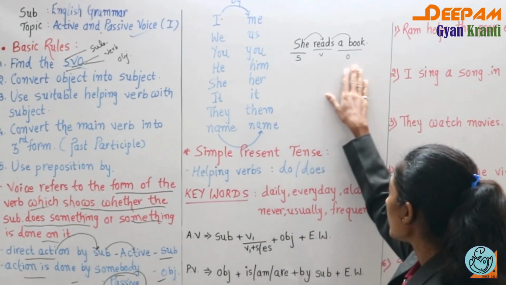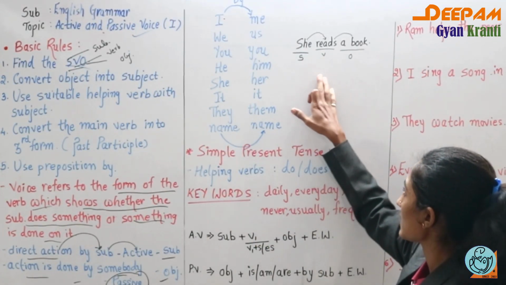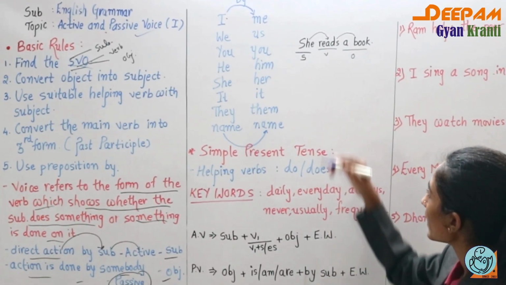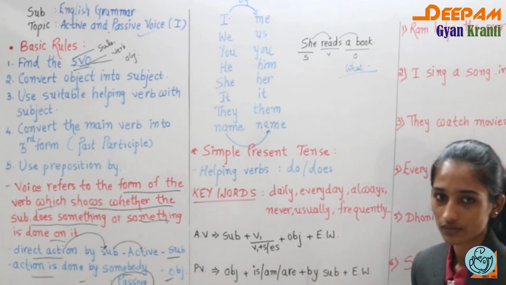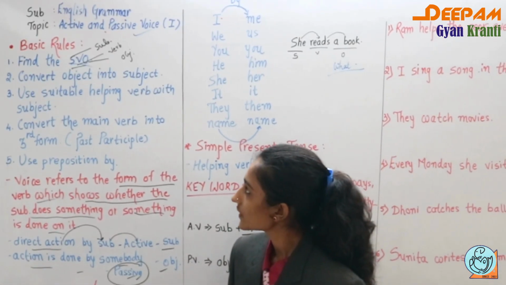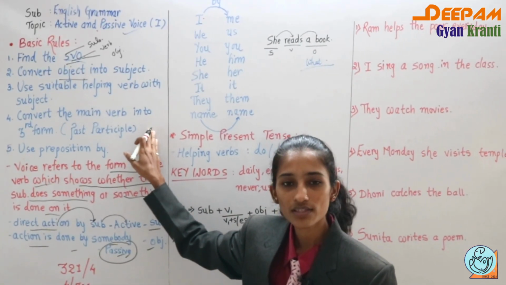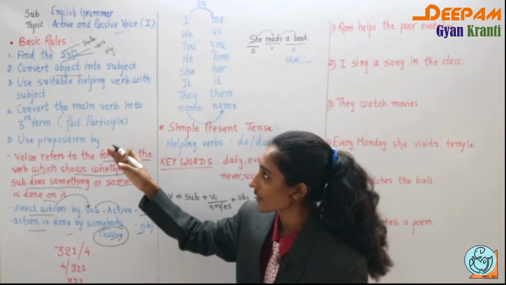And object means the thing on which you are doing the action. She reads, but what? A book. When you ask the question "what", then you will get the object. Then convert the object into the subject. These are the rules of passive voice, meaning from active to passive.